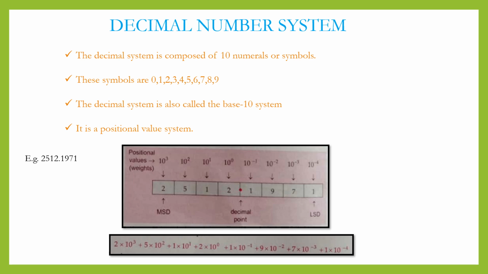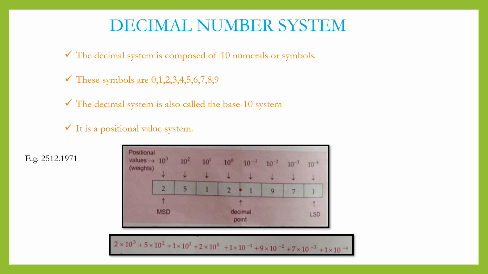This means that each digit in the number is multiplied by 10 raised to a power corresponding to that digit's position. And this is illustrated in the figure where the number 2512.1971 is represented. The decimal point separates the positive powers of 10 from the negative powers.